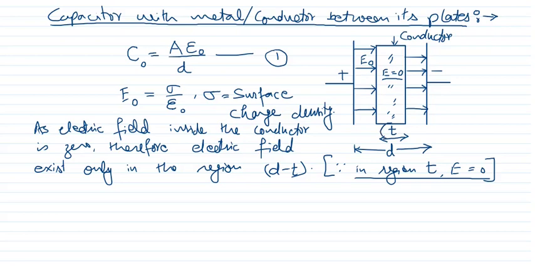In region T electric field is 0, so what is left? D minus T.